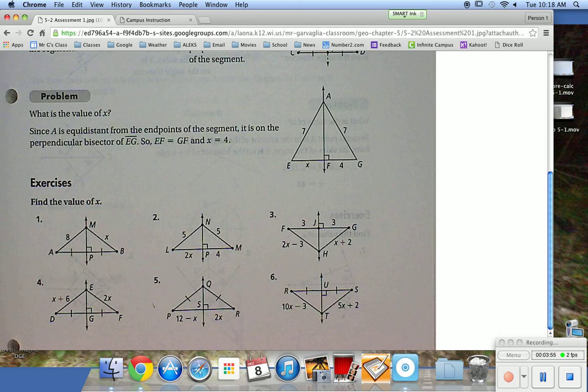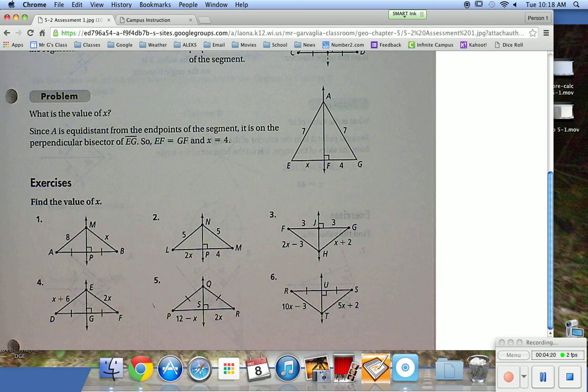All right. Take a look at the problems here. If I have these two segments equal, I have a perpendicular line, what's x going to be? 8, right? It's the same length. It'll be equidistant. How about this one here?